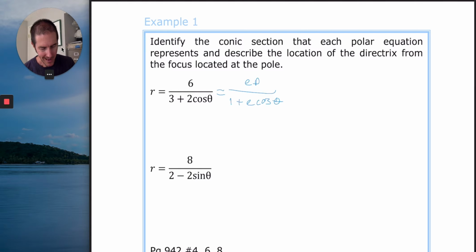And what's going to guide my next maneuver is this 3. I know that for my standard form, I need that 3 to turn into a 1. So I'm going to factor a 3 out of the entire denominator, which is going to look a little unusual. I'll leave the 6 in the numerator for the moment. Let's factor a 3 out of these two terms in the denominator.